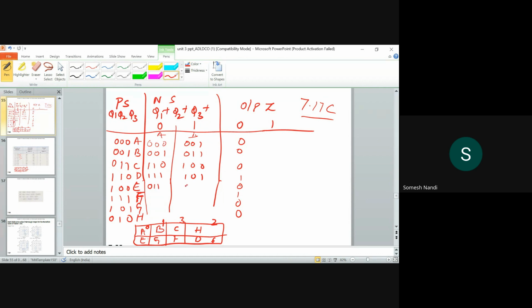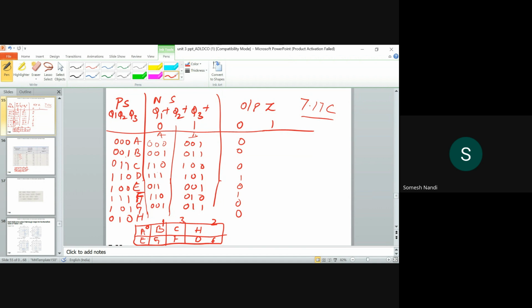And this is 001. This is 110, 010, 001. And this is 011. I'm just writing the values for the next state based on this value. That's all. See, from A it is going to AB. What is the value here? AB I've written here. From B it is going to BC. That value I've written. From C it is going to DE.